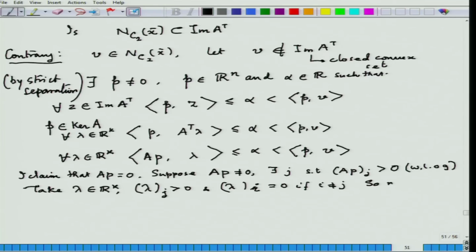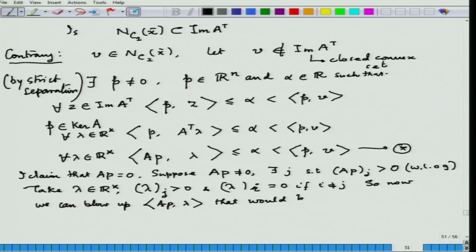So, we can blow up AP lambda, and that would break this inequality, let us write star.